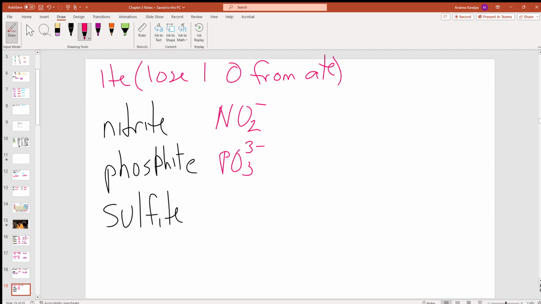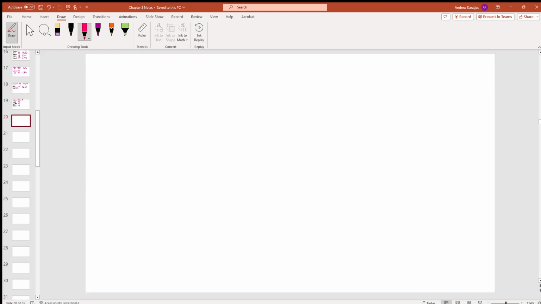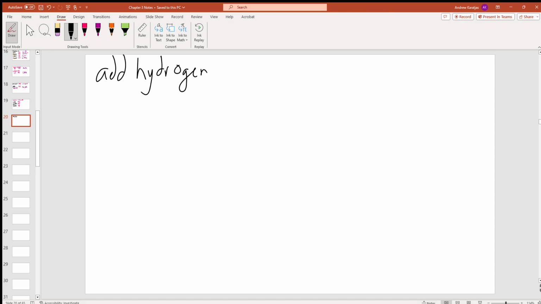And sulfate was SO4 2 minus, so sulfite SO3 2 minus. We also have a set of variations where we add hydrogen. And more specifically, we're adding H plus.